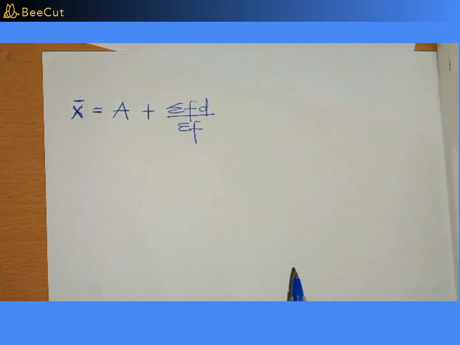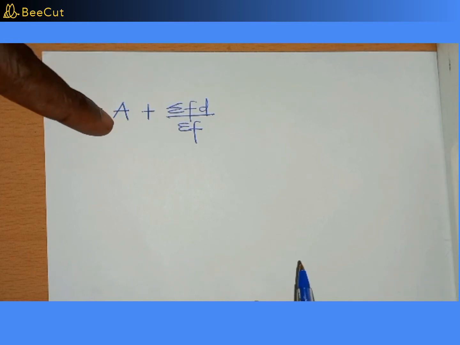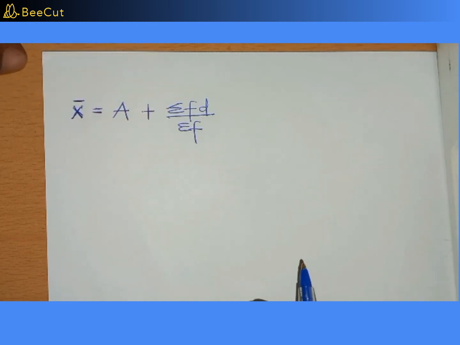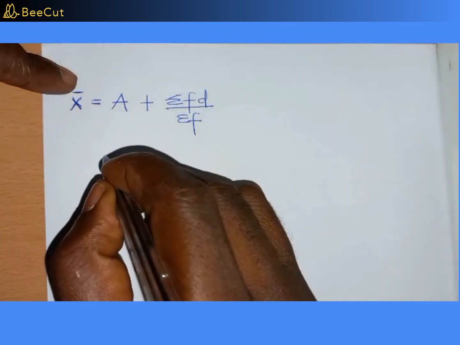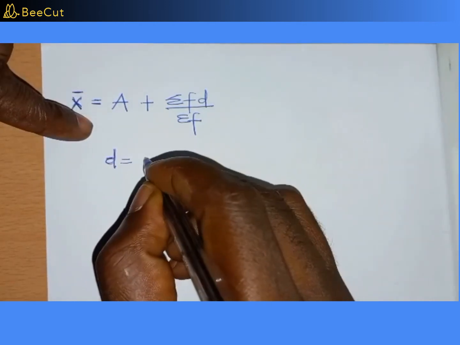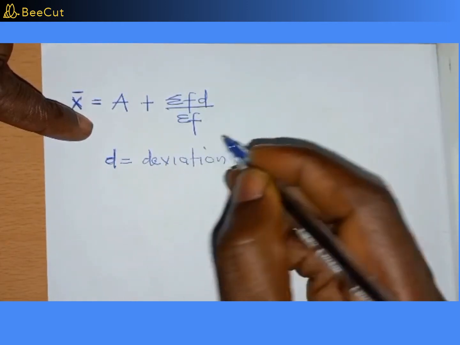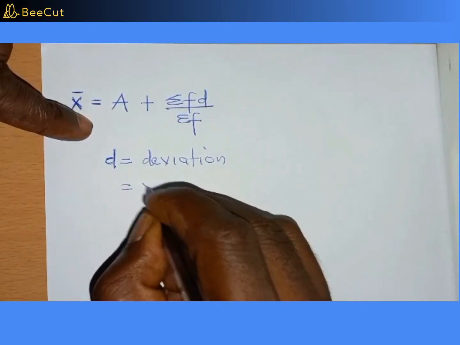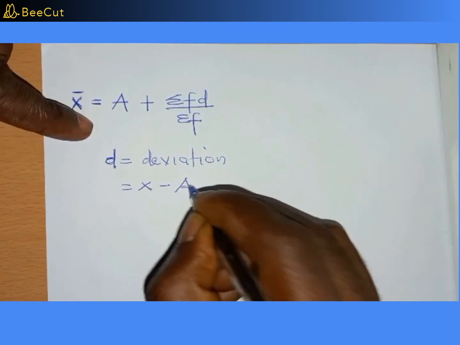So if you are to find the mean when you are given the assumed mean, the mean will be given by a plus sigma fd over sigma f, where d equals deviation, which is the x values minus a, the assumed mean.